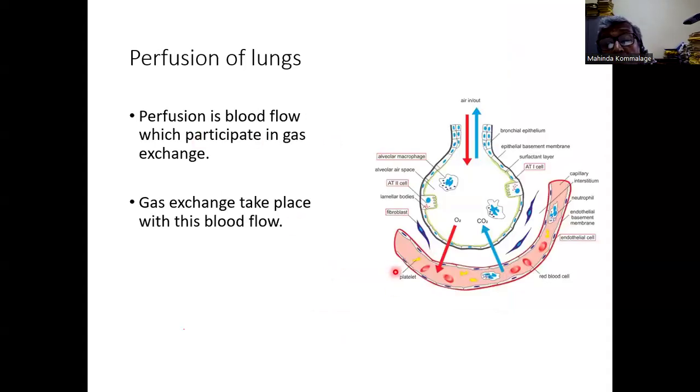So, this is the alveoli and this is blood flow, pulmonary arterial end, pulmonary venous end. This way pulmonary blood will come, carbon dioxide will diffuse out and oxygen will enter. So gas exchange takes place through this pulmonary blood flow, pulmonary perfusion.